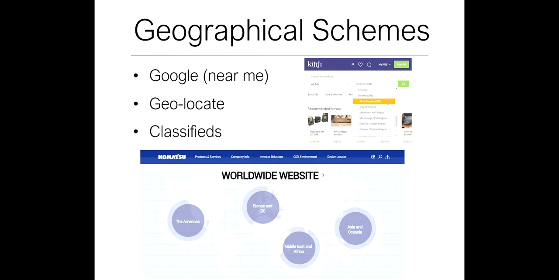What you see with the Komatsu website at the bottom enables users to choose which geographic location applies to them. We've talked about that in a previous class. If you go to an auction site, there's a site called Max Sold, and it has a long list of locations, including GTA.